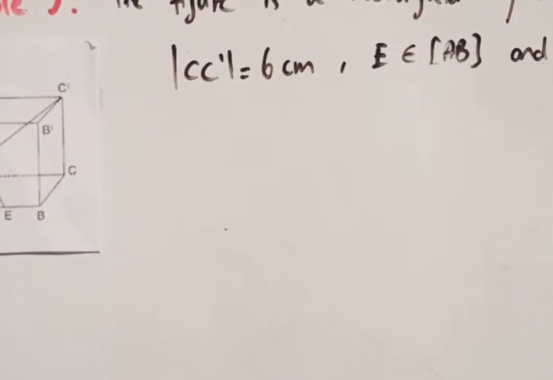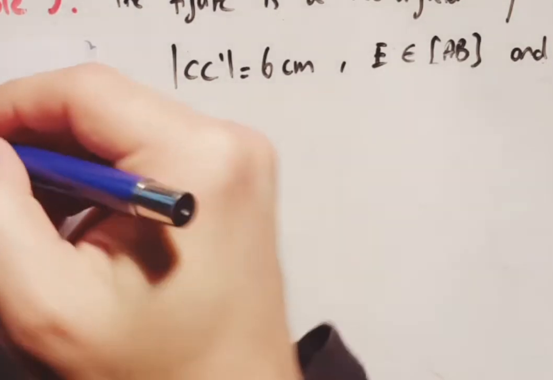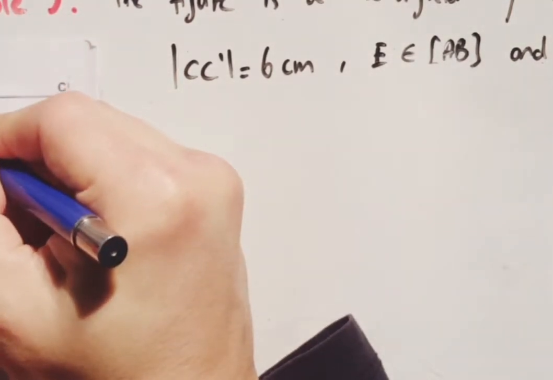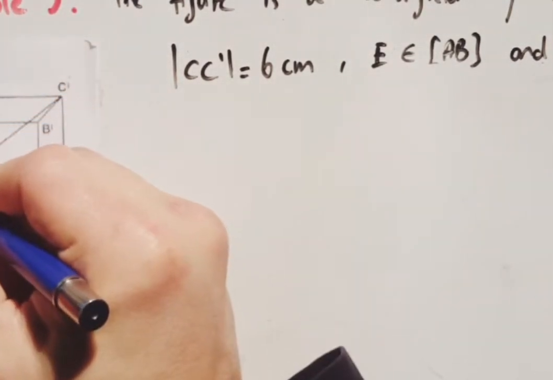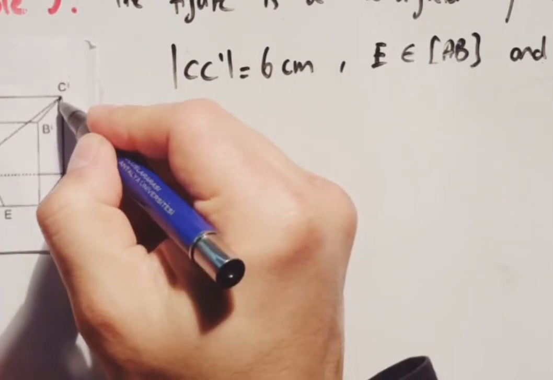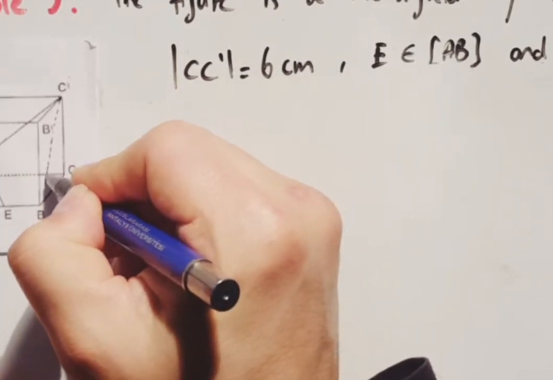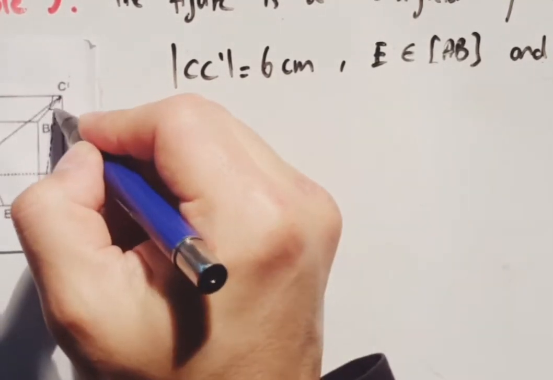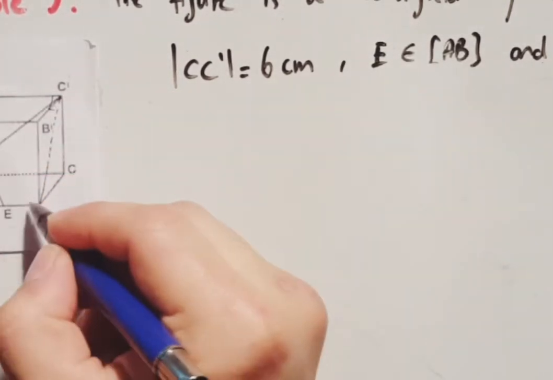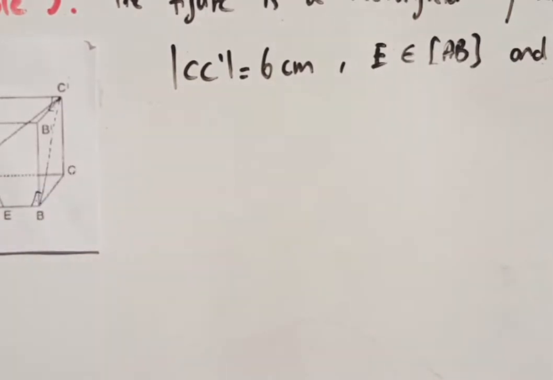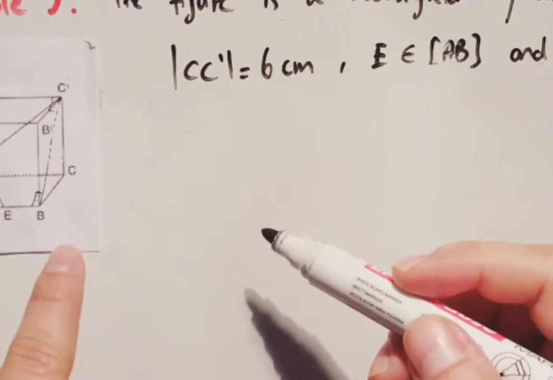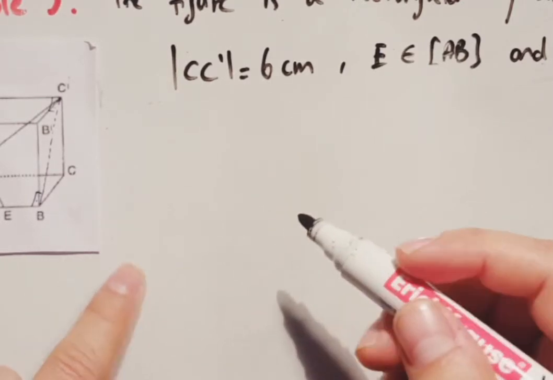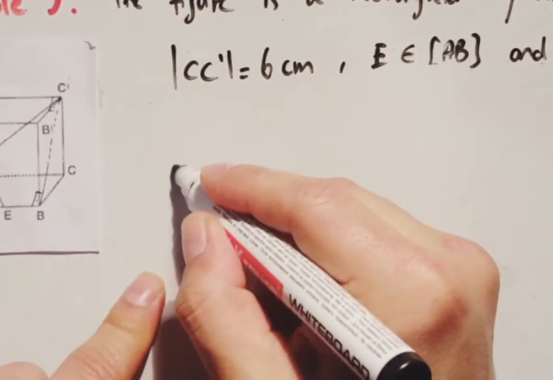And it is 90 degrees. It's 90 degrees as well. And we will get a rectangle here. So ABC1D1 is a rectangle.